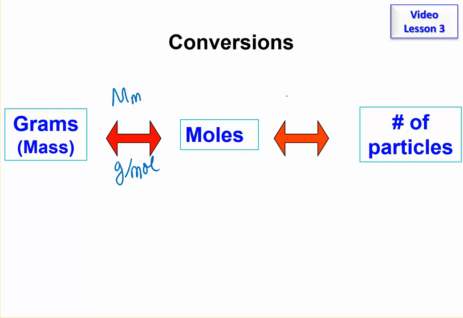And that's just the definition of a mole. It's Avogadro's number. The units for Avogadro's number are number of particles per mole, and by particles, that's a general term for either atoms or molecules, whatever we're counting.